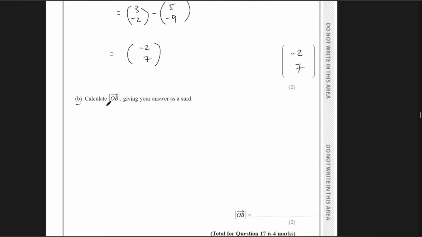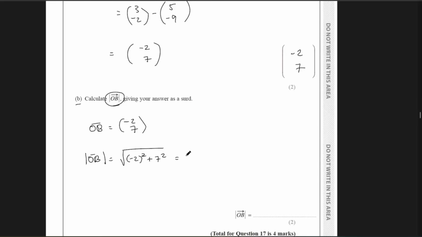Question B, calculate the magnitude, the absolute value of vector OB, giving your answer as a surd. So vector OB is equal to minus 2, 7. The modulus of vector OB would be square root of minus 2 the whole squared plus 7 squared.